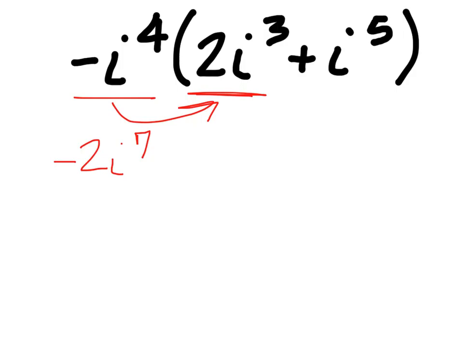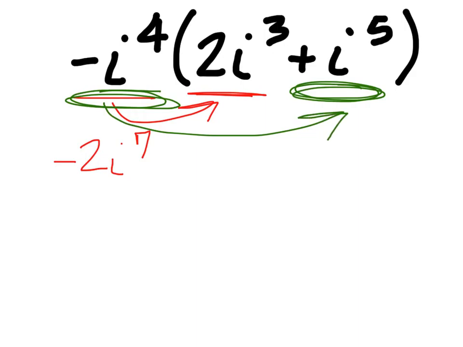Now, what do I get when I multiply these two items together? There's no 2 in there, I should say. Negative i to the 9th, you have to add the exponents, right. So negative 2i to the 7th minus i to the 9th.